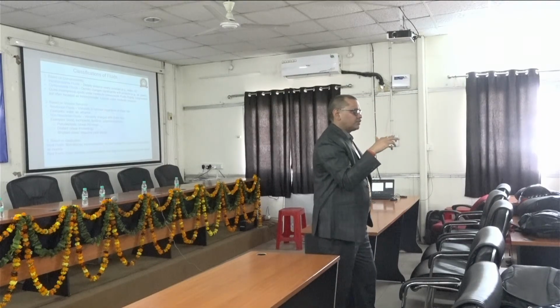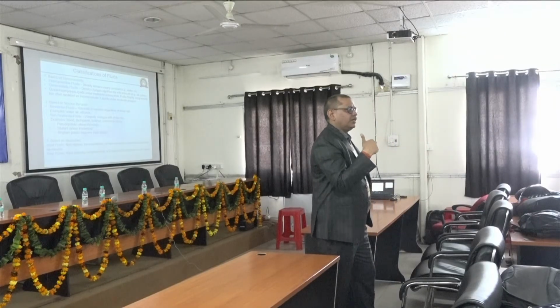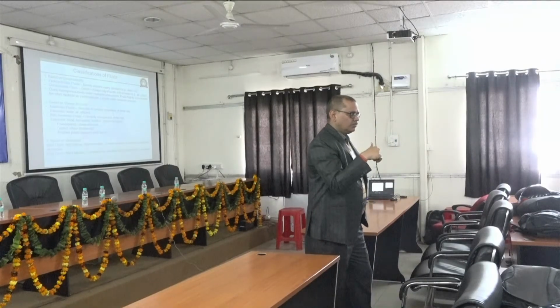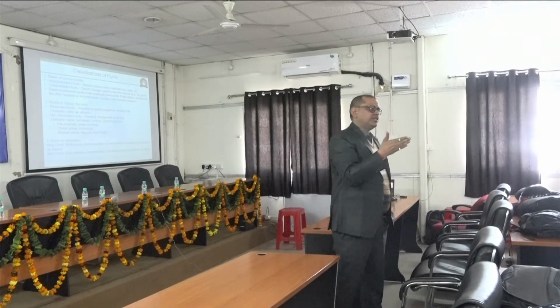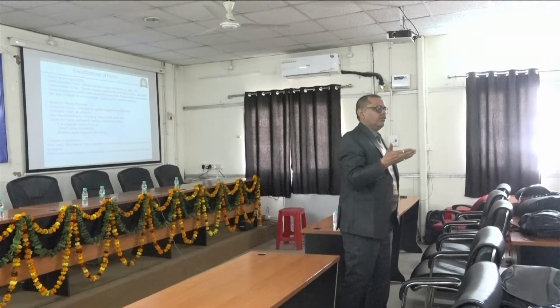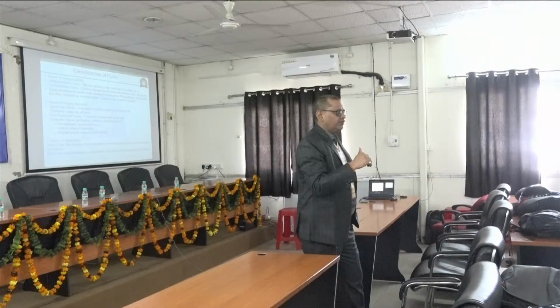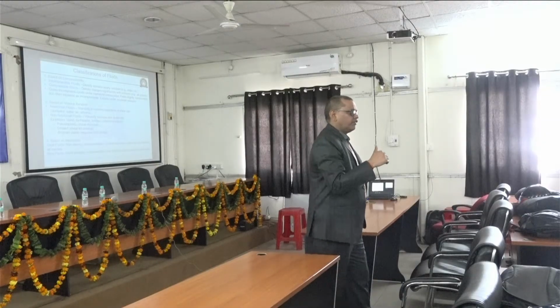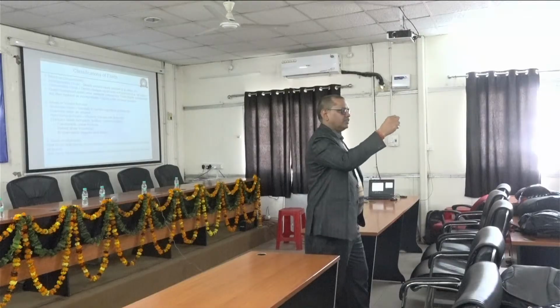As a mathematician, how can we describe them? n may be greater than 1, n may be less than 1. When n is greater than 1, the fluid has a thickening behavior. When n is less than 1, the fluid has a thinning behavior. That means the fluid is a shear thickening fluid, and the other is shear thinning.